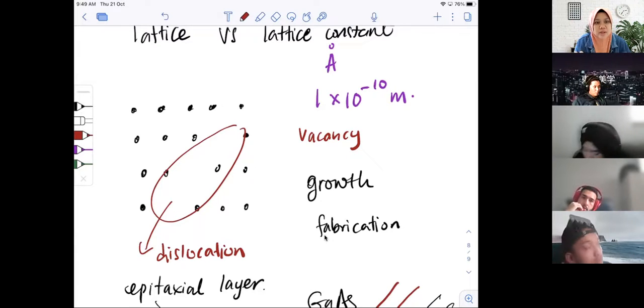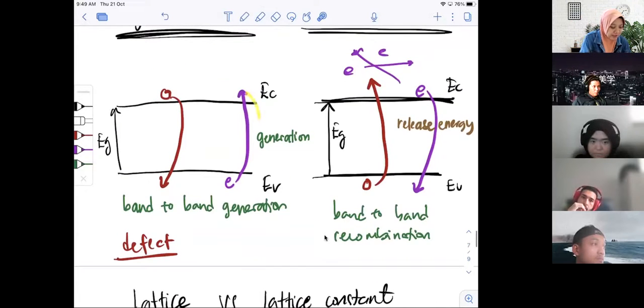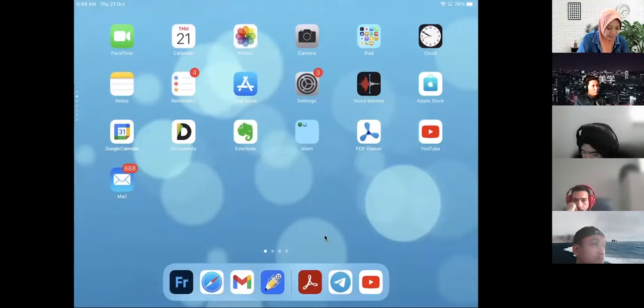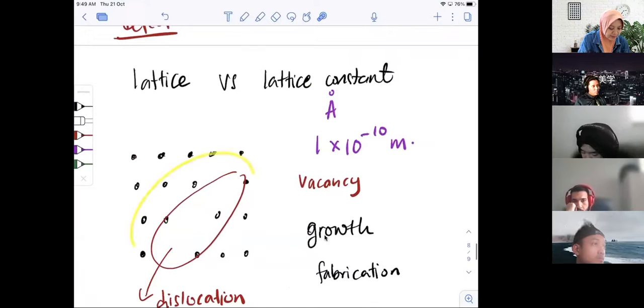So now the question is, how does this defect manifest itself in terms of the energy band diagram? If it's a defect but it doesn't affect the electronic properties, we don't care. It can look terrible, like full of pimples, but still work.